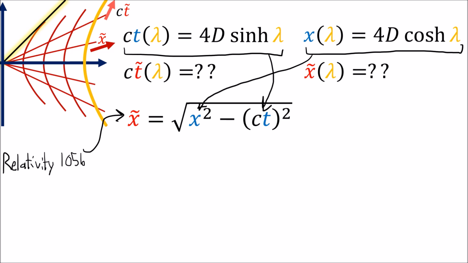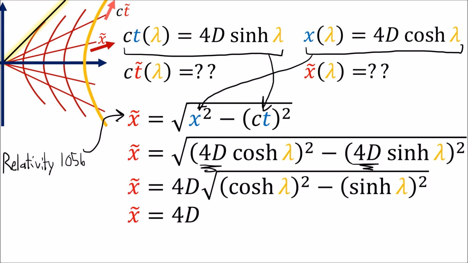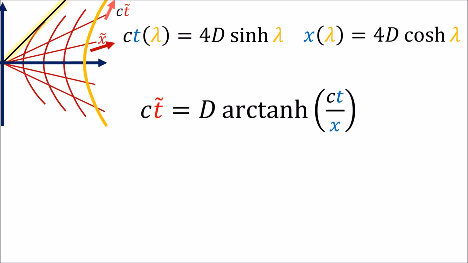Plugging in these formulas and factoring out 4d and setting this to 1 by the fundamental hyperbolic trig identity, we get that x tilde is a constant value of 4d along this curve. We also know that ct tilde equals d times arctanh of ct over x.